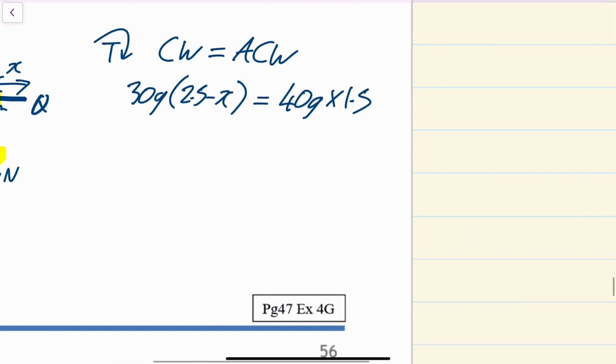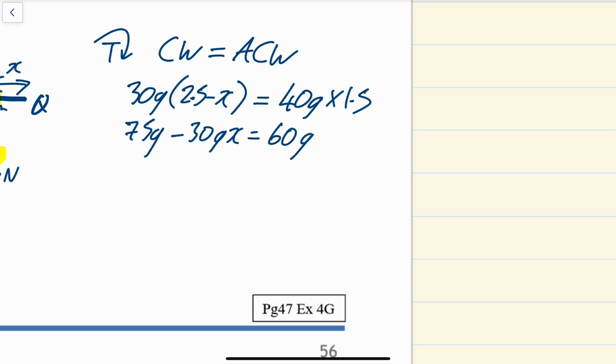Then a bit of working out here, a lovely equation. If we just do that out, 2.5 times 30 is 75g minus 30gx is equal to 40 times 1.5, which is 60g.